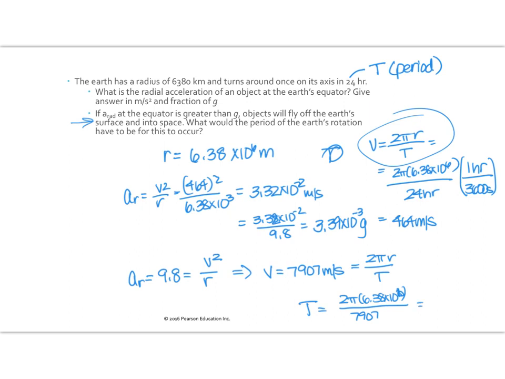And we find the period to be 5,069.8 seconds. This doesn't make any sense to us, or it's not that meaningful. So let's change it into hours. There's 3,600 seconds in 1 hour. And we find that that gives us a period of 1.4 hours. That's really fast. So if the Earth rotated once every 1.4 hours, you would fly off the face of the Earth.